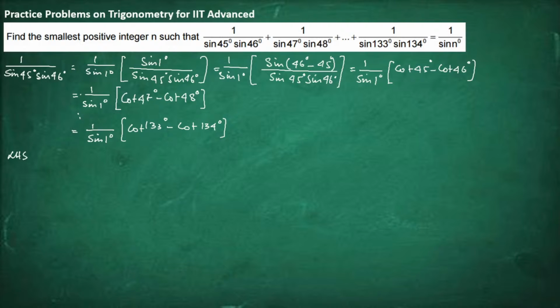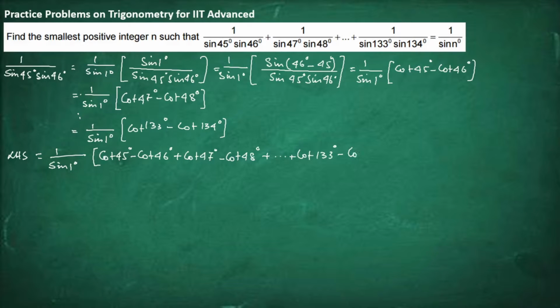Okay. And in the right hand side, we are going to get 1 by sine 1 degree. If I add all the terms, we are going to get cot 45 minus cot 46 plus cot 47 minus cot 48, and this thing goes on, and the last term will be cot 133 minus cot 134 degrees.